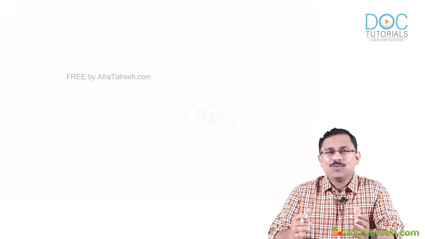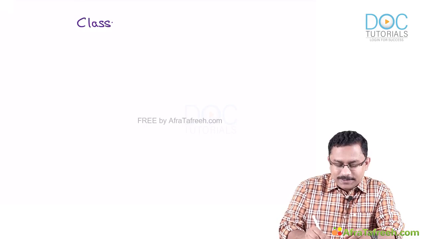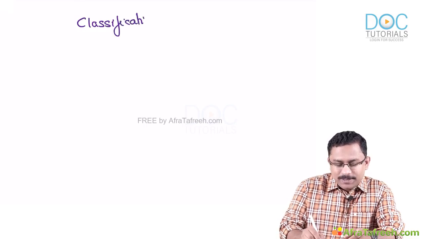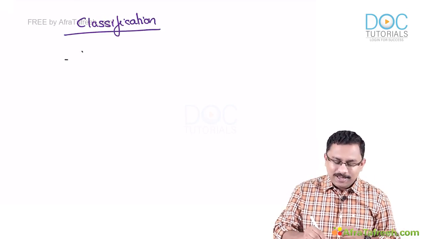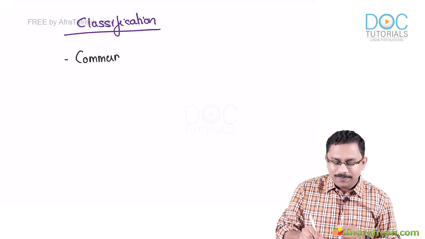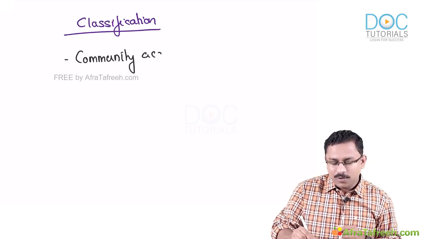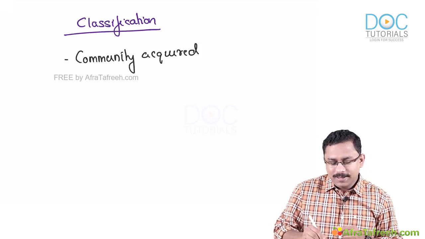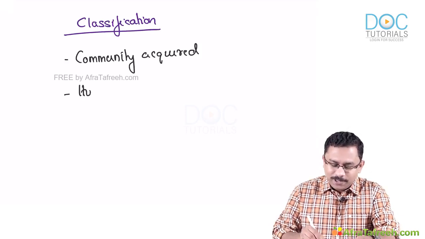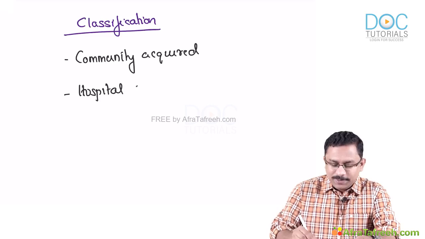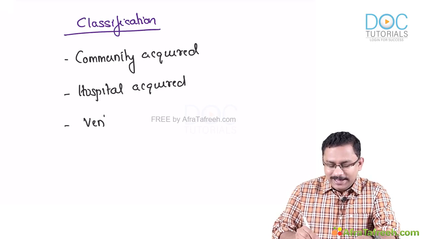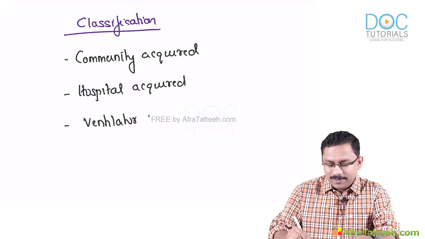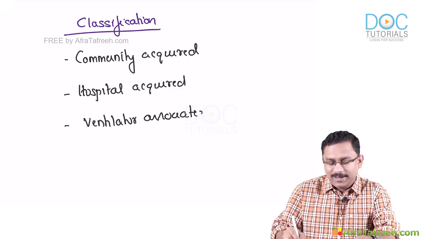Okay, so let's see what is the classification of pneumonia. Okay, what is the classification? This again is important. Now you're classifying pneumonia into various subtypes. You have the community acquired pneumonia, you have the hospital acquired pneumonia, and you have a ventilator associated pneumonia.